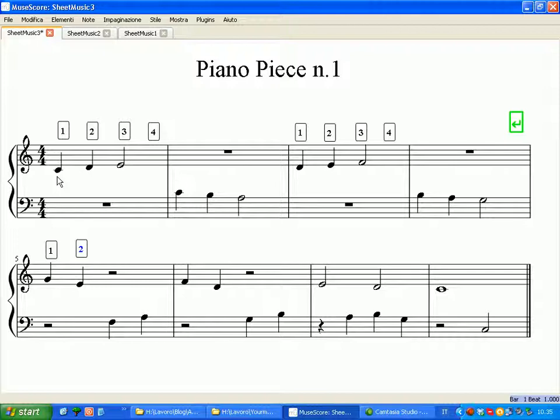Of course we know that there is a correspondence between the rest and the note, so we have the same situation.